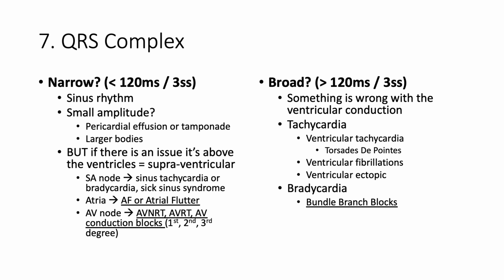The ones I've underlined here are important ones to know and be able to distinguish, which AF and atrial flutter I'm sure you guys would be good at. AV conduction blocks as well, you'll get there for them. The AVNRT and the AVRT, there's only one particular type that you need to know out of them, in my opinion. But having a brief idea of what these are is also good.